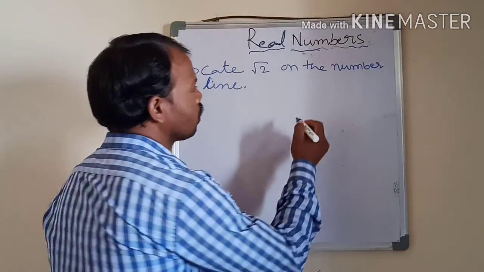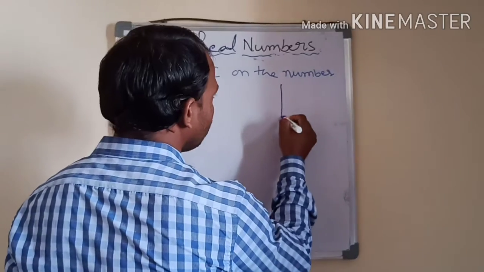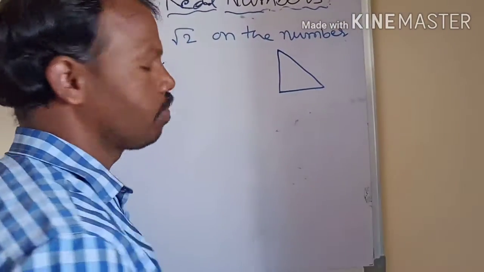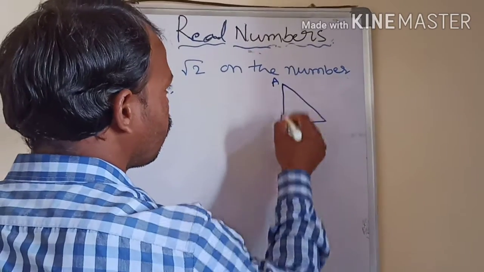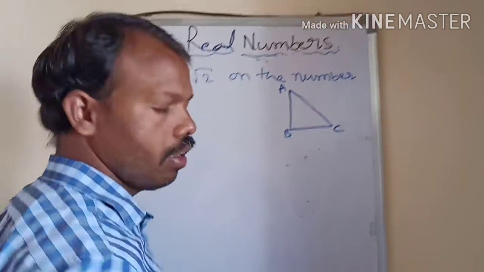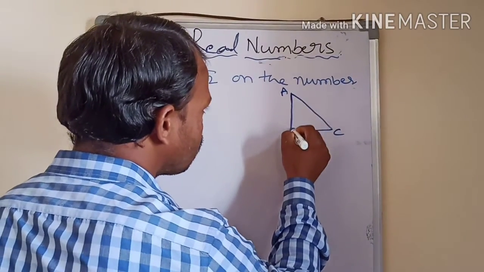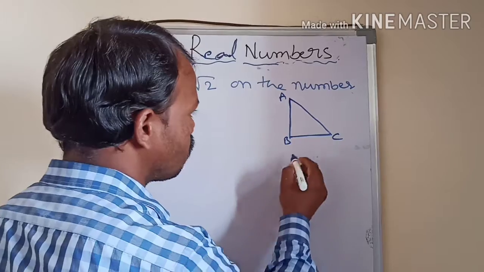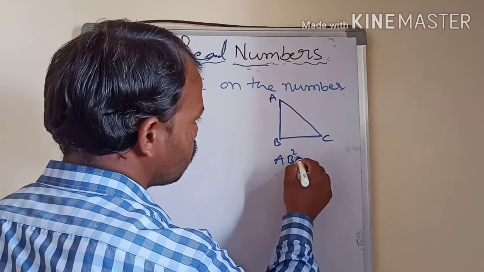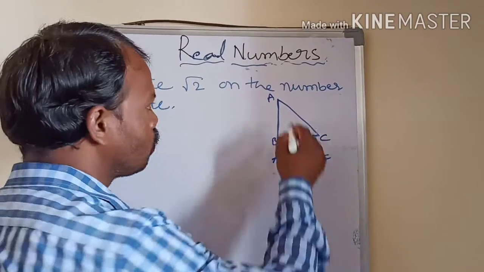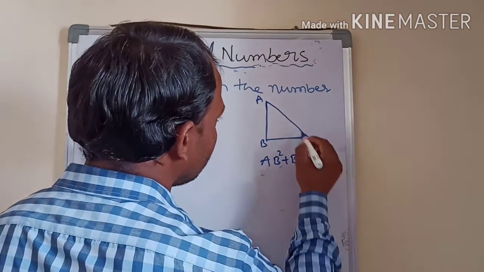So what is the Pythagoras theorem? In any right angle triangle ABC, the sum of the squares of the adjacent sides, that is AB square plus BC square, is equal to the square of its hypotenuse.